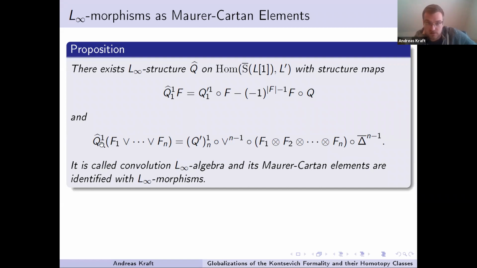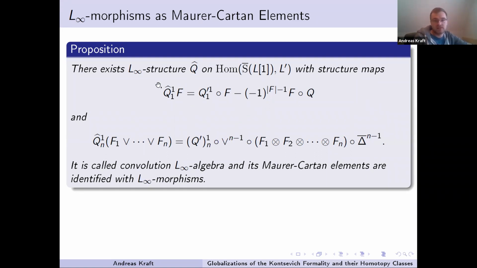And the higher brackets are just constructed convolution-like. So we take the coproduct on this symmetric algebra to get n factors. Then we can apply our maps and take the symmetric product of them. Then we end up in the symmetric algebra of L prime. And then we can take the higher bracket to end up with something just in L.